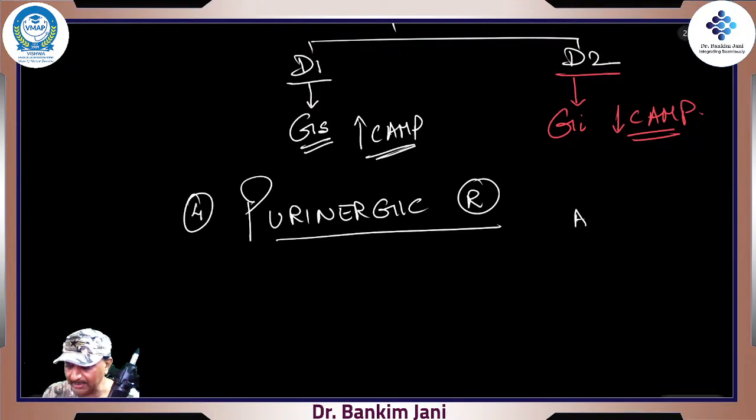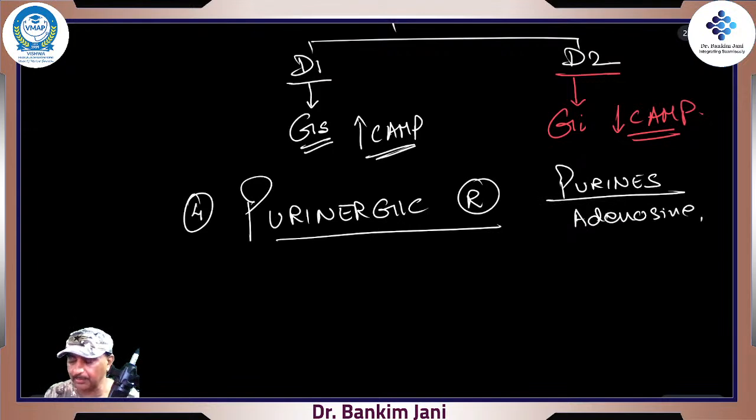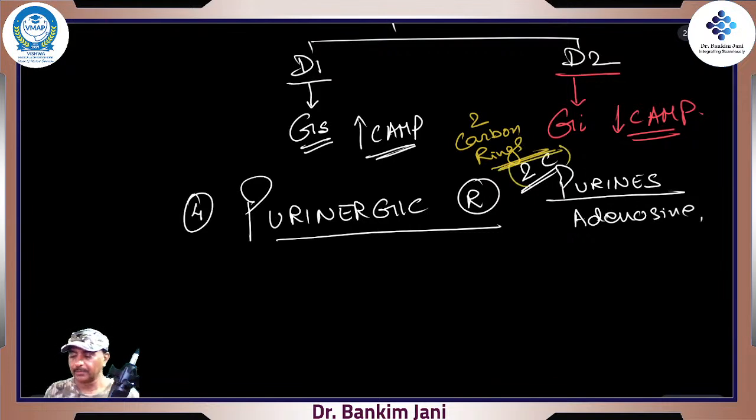So purines and pyrimidines, right? These are called purines. So we have adenosine, and by the way, these purines have two carbon rings, let's write it properly, two carbon rings. So they are purines, adenosine and guanosine.